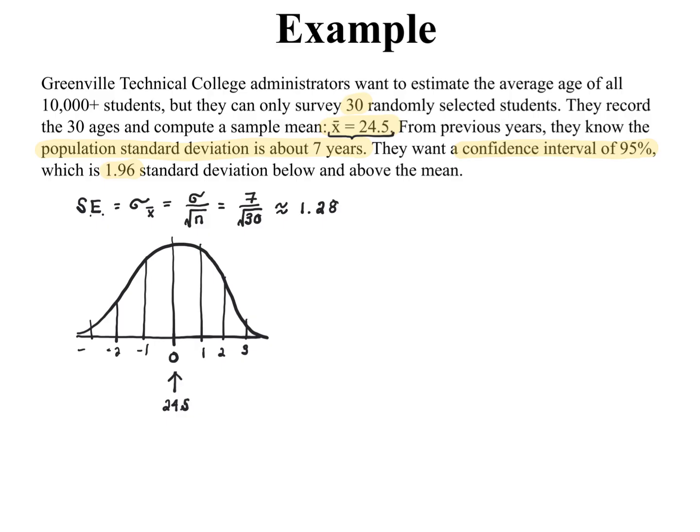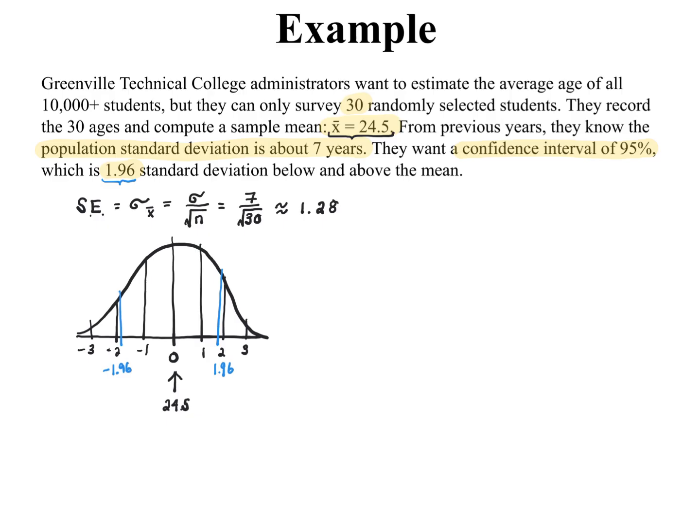Now, what we want to do is we are trying to find the 95% confidence interval, which means that we're going to look for a z-score here, which is 1.96. That's coming from right here, 1.96 standard deviations above a z-score of 0, and then 1.96 below. So this is a z-score of 0, so -1.96.